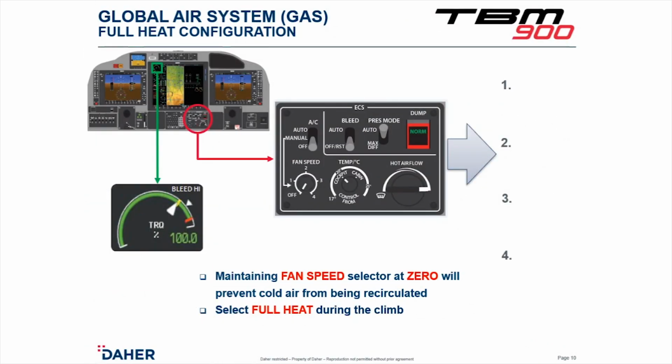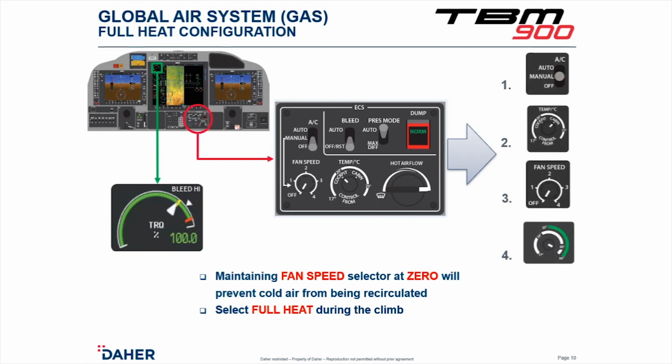Okay, so here are the few points that we want to review for full heat configuration. First, under the 900, the AC selection should be in manual for best results. Control selection should be in cabin. The fan must be at 0 to avoid recirculation of the cool air, as indicated on previous slides.